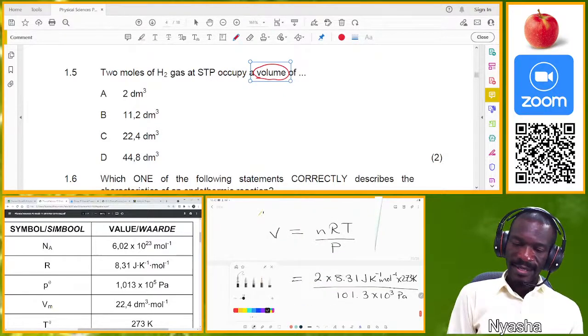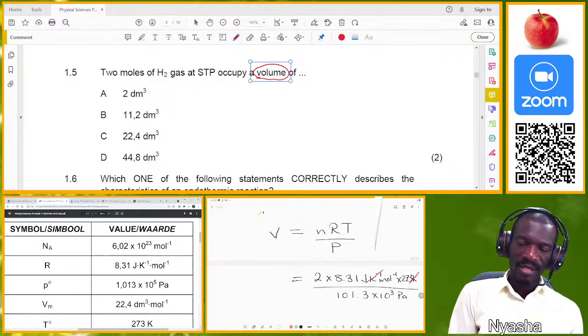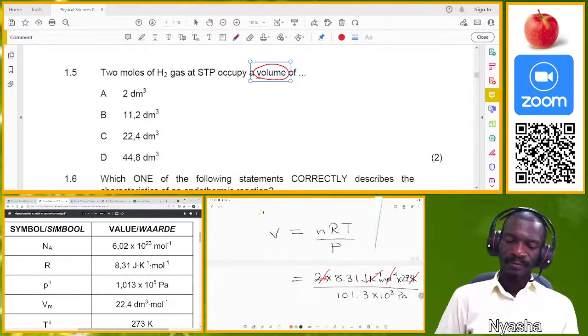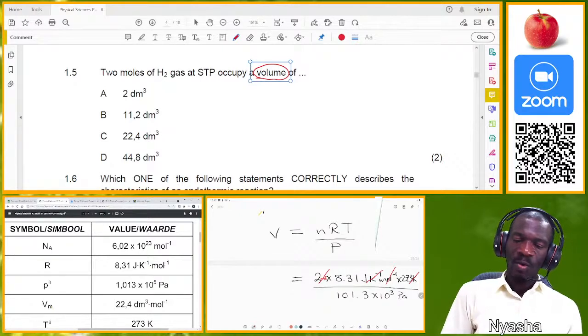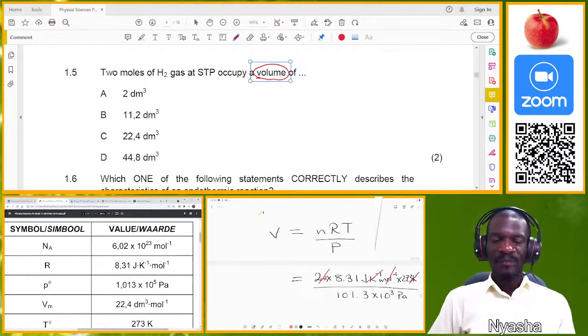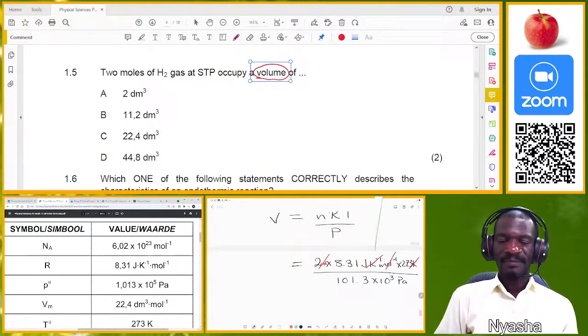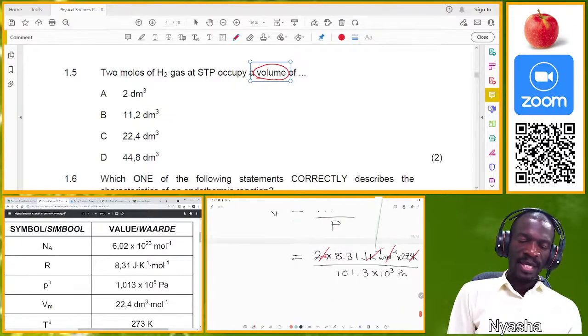Now let's see if the units of measure agree with what we are doing. Remember, this is in moles, so it would cancel out with per mole. We are left with joules over pascals. You can also do a dimensional analysis.